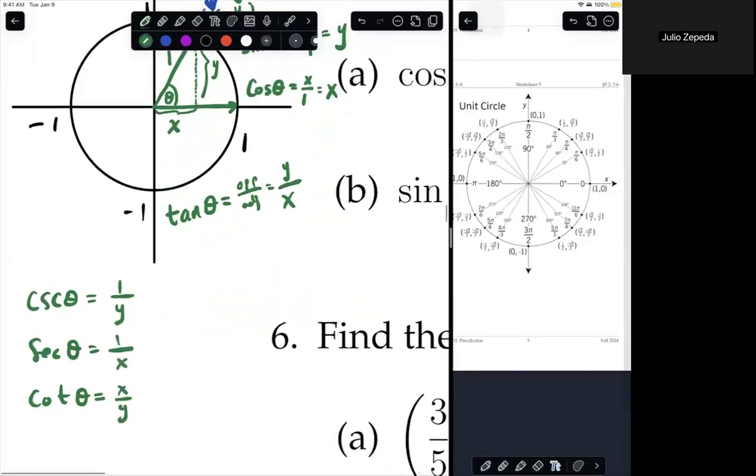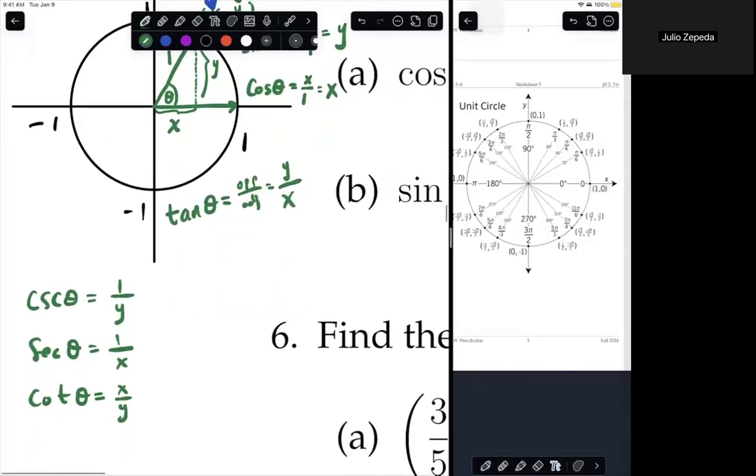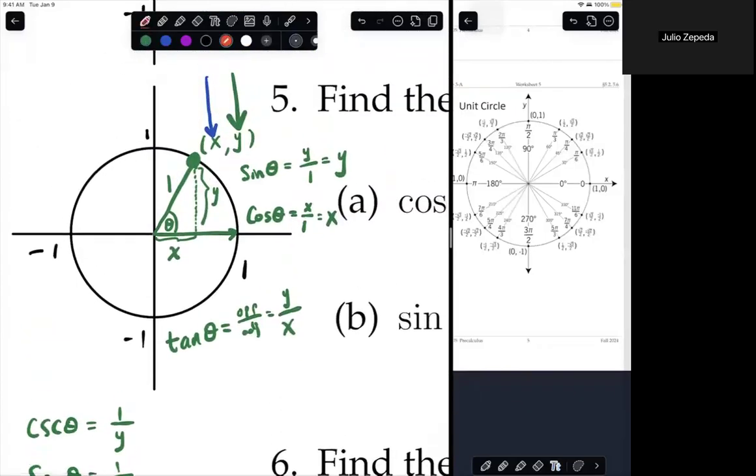Now, I should modify this a little bit, but actually, let's go ahead and complete problems 4 and 5 with these definitions, and then we will modify these definitions slightly to include cases where we're not working with a unit circle, but we're working with an arbitrary circle of radius r.